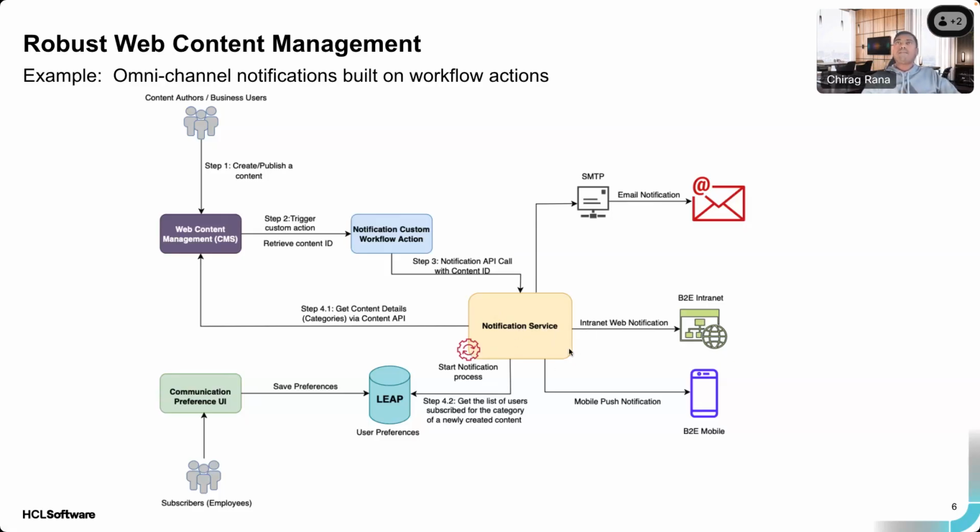Yeah, so we're taking advantage. So out of the box, what are we taking advantage of to make this work? Out of the box, we are taking advantage of the workflow management of the web content management system, right? The DX web content management system. Under the workflow management, we have the workflow actions that are triggered on each of the workflow stages.